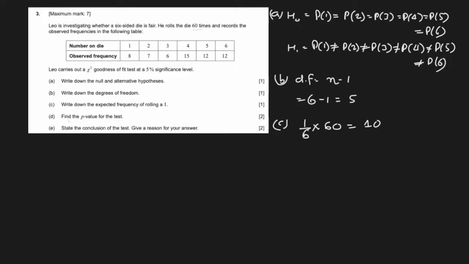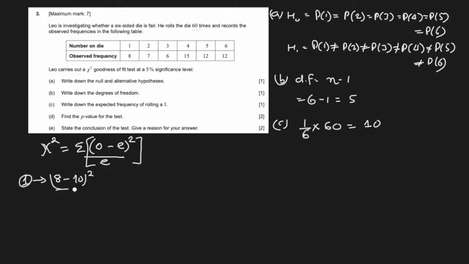Okay. Find the p-value for the test. For the p-value, we need to know chi-square first. So chi-square is sigma of observed minus expected squared, over expected. This sigma is over all of them. So we'll have to find this value for all of them. So let's start with 1. The outcome 1. Observed for 1 is 8. Expected, we just got 10.